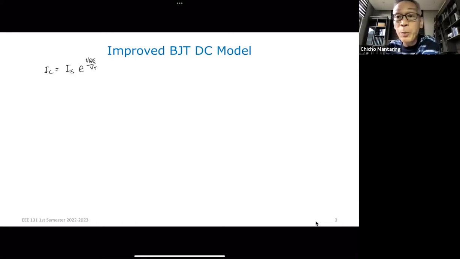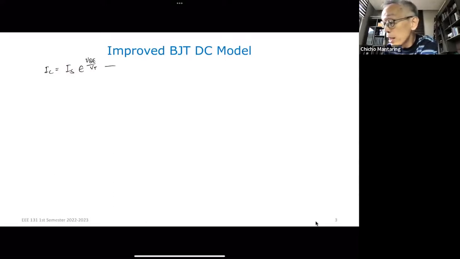IC is proportional to IB, and this looks like the diode equation. Since IC is proportional to IB and IB follows the diode equation, then if you just change the constant of proportionality, you can get an expression for IC based on Shockley's relationship.